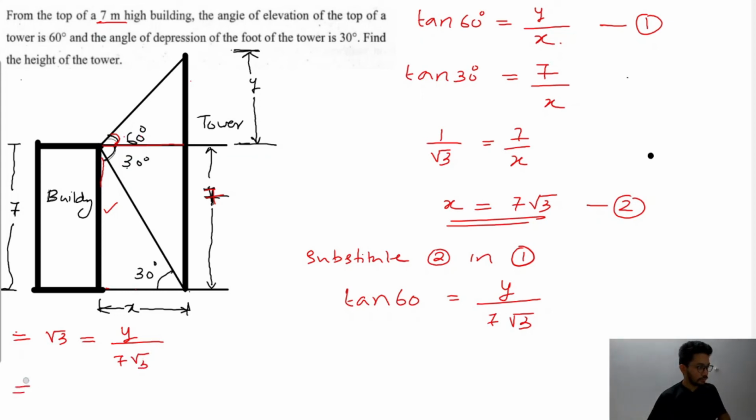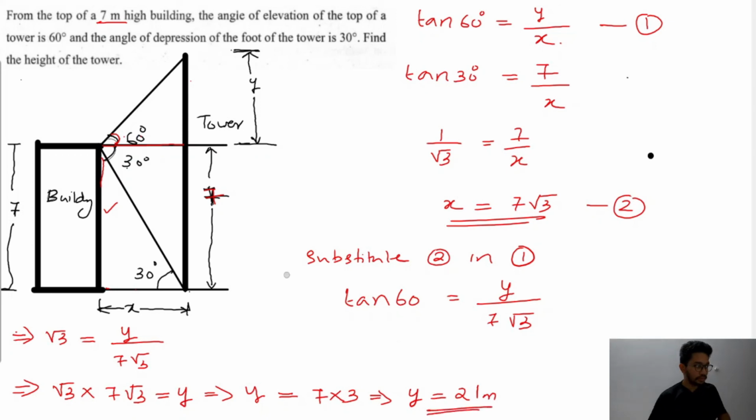Tan 60 is root 3, so root 3 is equal to y divided by 7 root 3. Taking 7 root 3 to this side, root 3 multiplied by 7 root 3 is equal to y, and root 3 into root 3 is 3. So y is equal to 7 multiplied by 3, which is 21 meter, because everything is in meters.